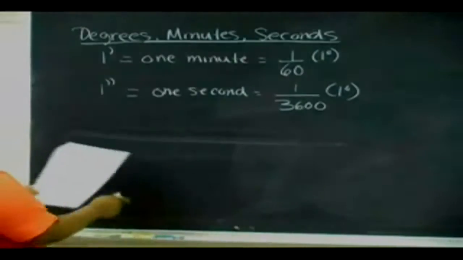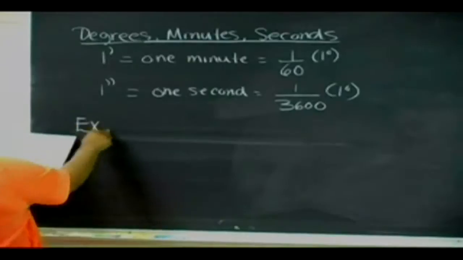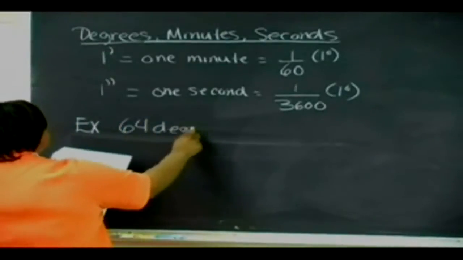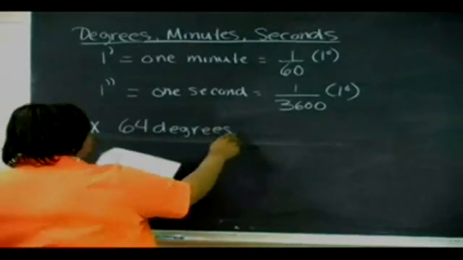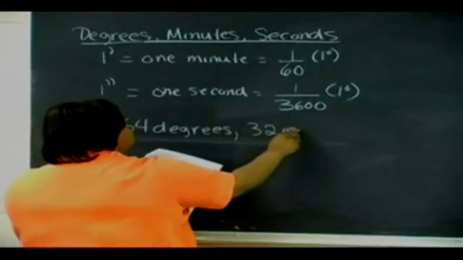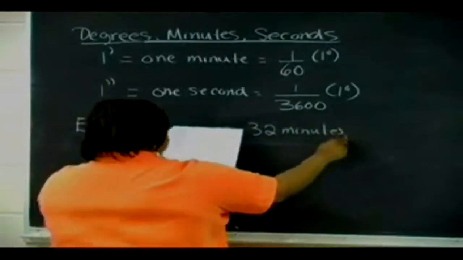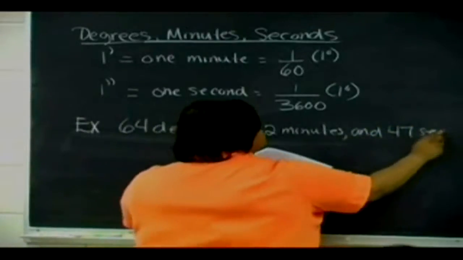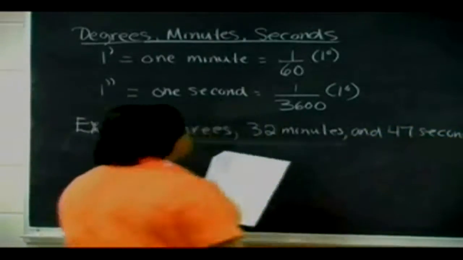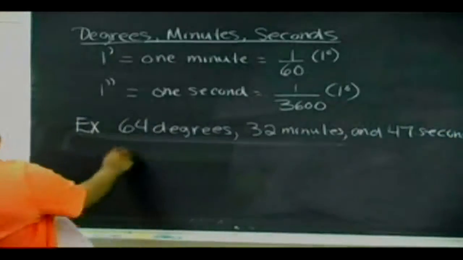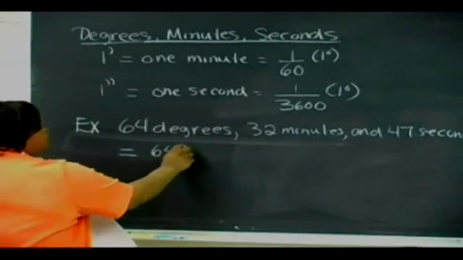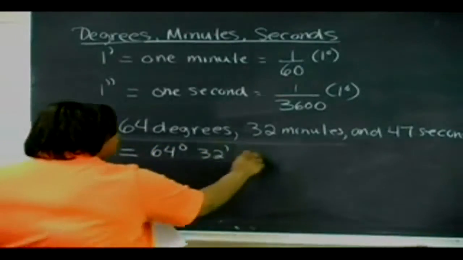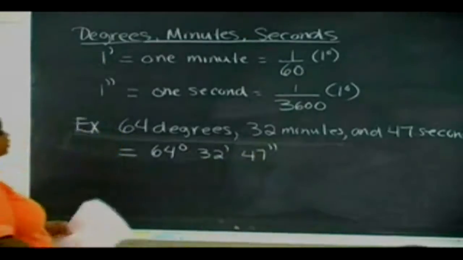For example, if we have 64 degrees, 32 minutes, and 47 seconds, this is written 64 with a degree mark, 32 apostrophe mark, 47 quotation mark.